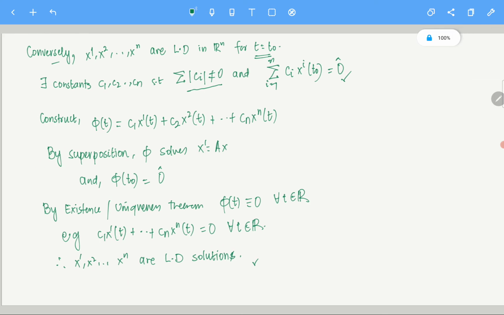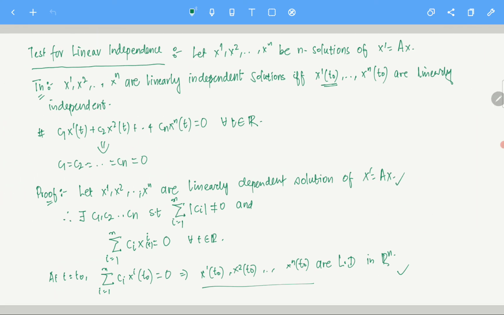So if you have a bunch of functions which you want to show are linearly independent solutions, you evaluate them at a point t_0. If the original set is linearly independent, then the vectors you obtain by evaluating these solutions at t equals t_0 are linearly independent, and vice versa.